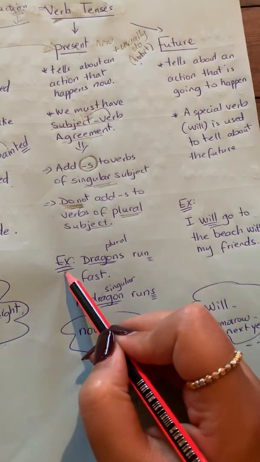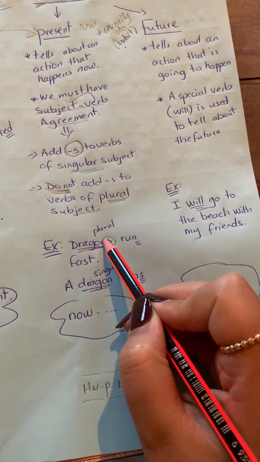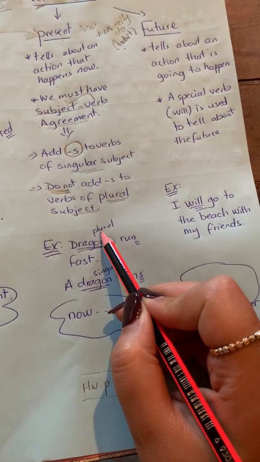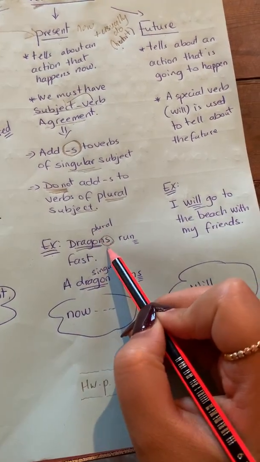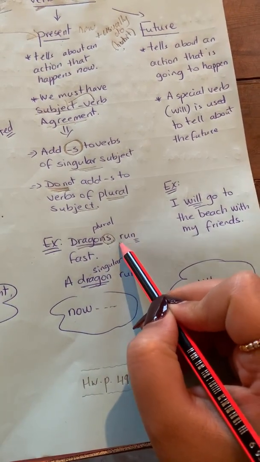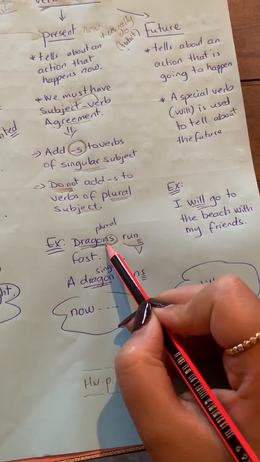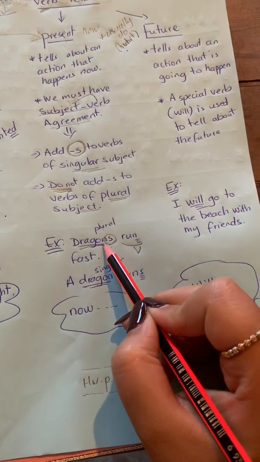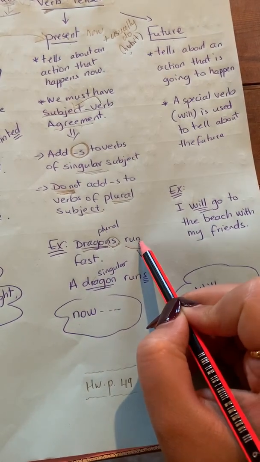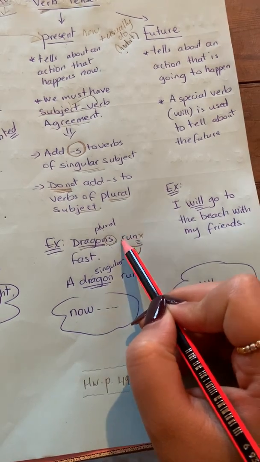Let's see this example. Dragons is a plural noun, a plural subject. What about the verb? Run is the verb. So with dragons, the plural subject, its verb doesn't take S. See, it's run.